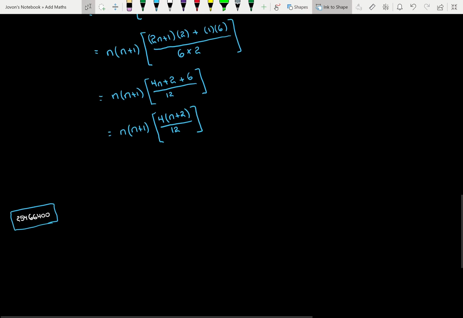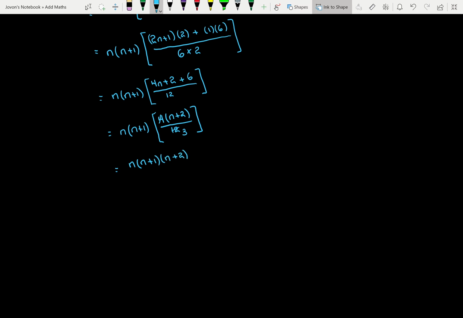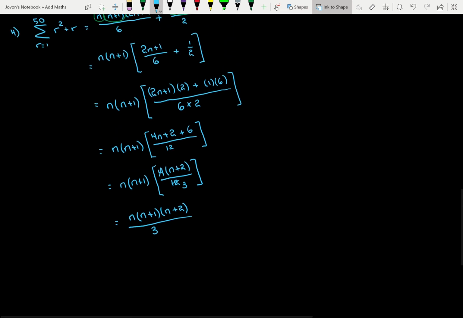And notice this here simplifies. We get 3 here. So what this will be equal to is n multiplied by n plus 1 multiplied by n plus 2 all over 3.